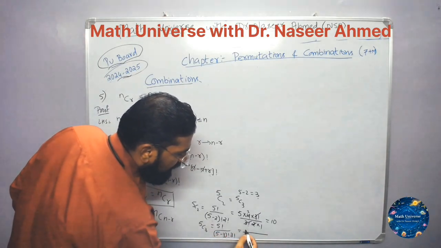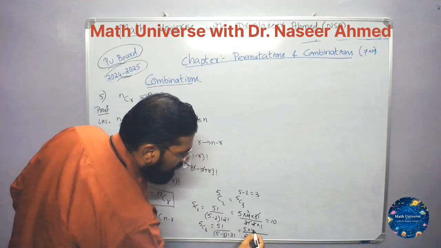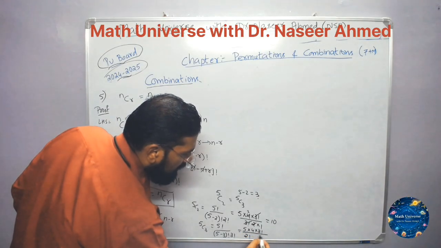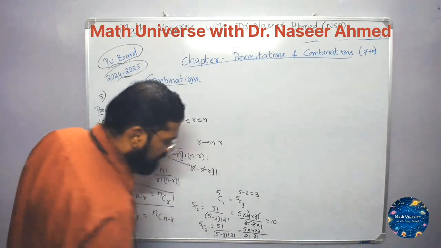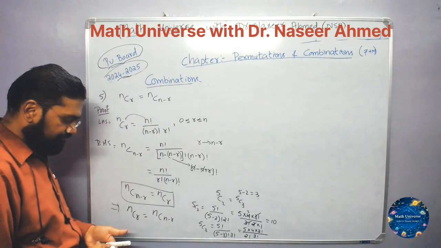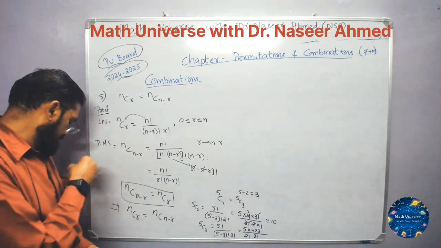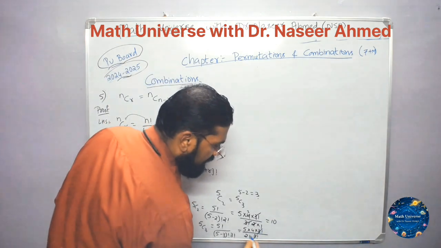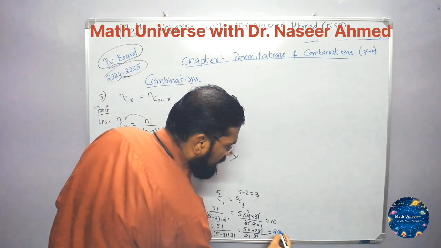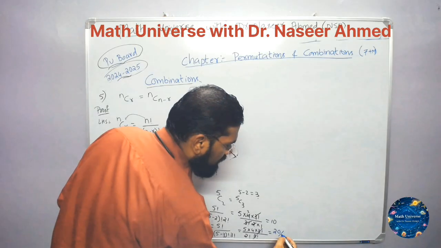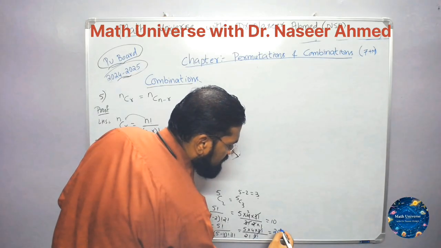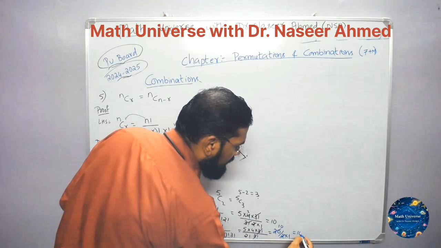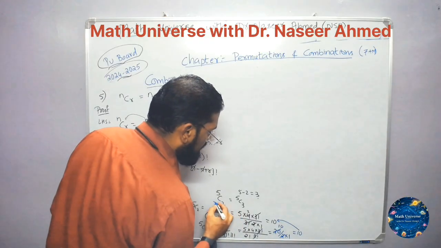Then 5 factorial is 5 into 4 into 3 factorial. Here also 3 factorial, so 3 factorial by 3 factorial will get cancelled, and then 5 into 4 is 20 divided by 2 factorial, which is 2 into 1. 2 tens are 20, so the answer is 10. We got the same. That's why it is the same.